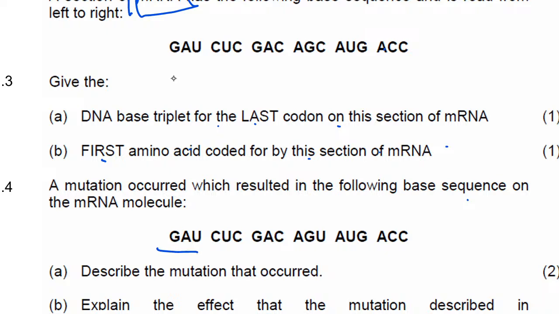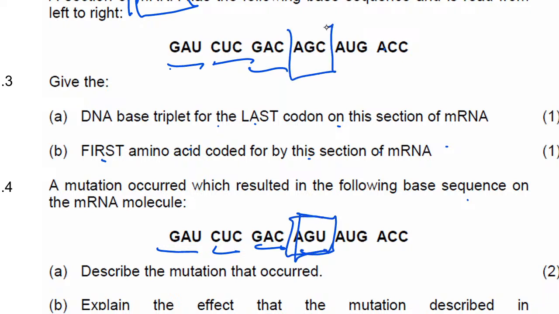Okay, I have this, this, this. Look at that. So it means 1, 2, 3, 4. The mutation occurred on codon number 4, on the third base, because here it shows that the base was C while it is replaced by U, isn't it?